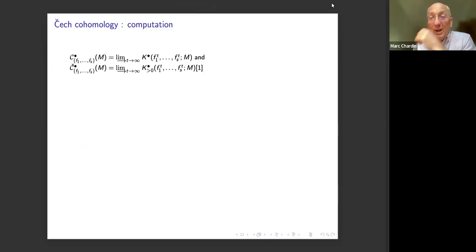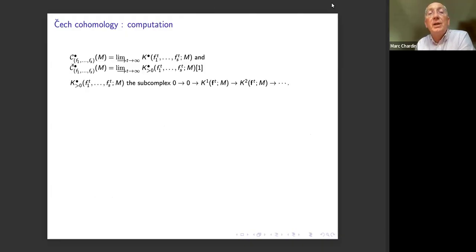About the computation, let me say a few words. You have these two things. The Čech complex is just the inductive limit of Koszul cohomology. And if you erase the first element in the Čech complex, it's just the inductive limit of the subcomplex. You start at K1 in place of K0.